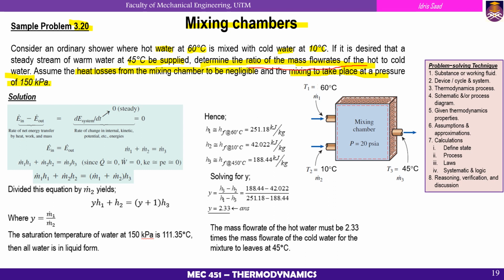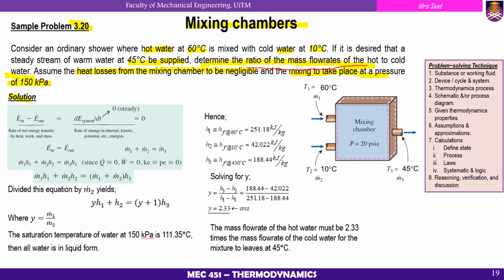We do not really need the value of the pressure, because this is water, normally in the phase of compressed liquid, so we take the data based on the temperature. However, let it be as it is. Okay, let's see our solution.